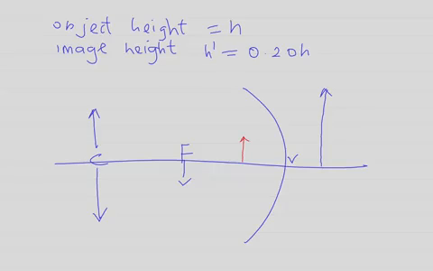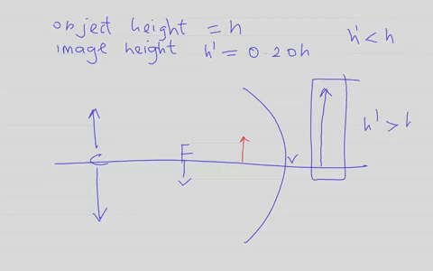That means 8 prime is less than 8, because if you have a value for 8 and you multiply 0.208 times that 8, you observe that 8 prime will be less than 8. That means image height is less than object height. In the concave mirror case, 8 prime is greater than 8, so that cannot be the case.